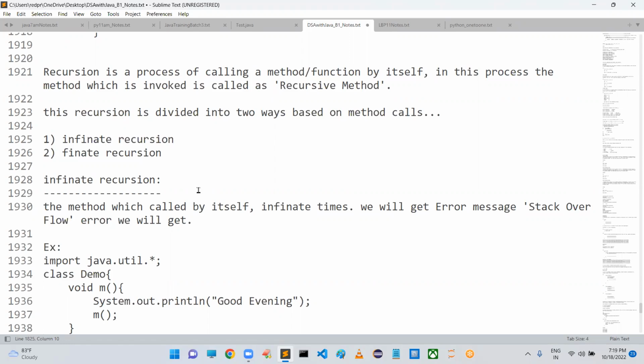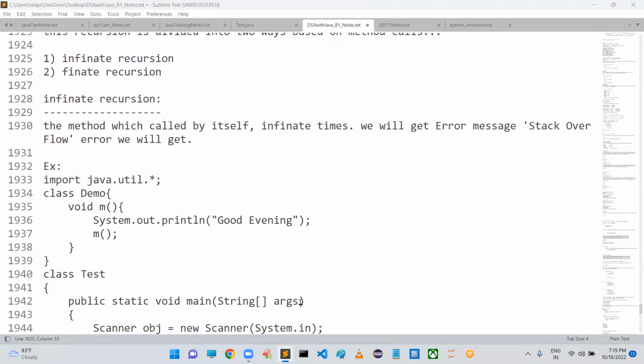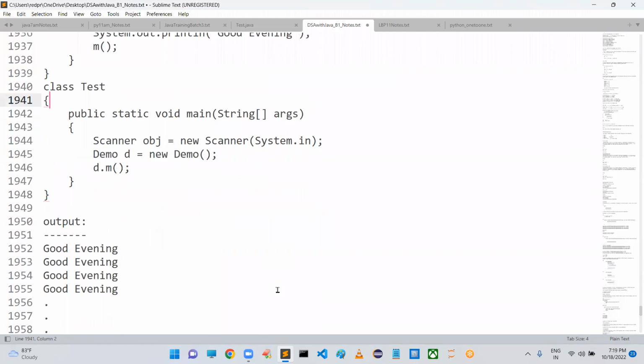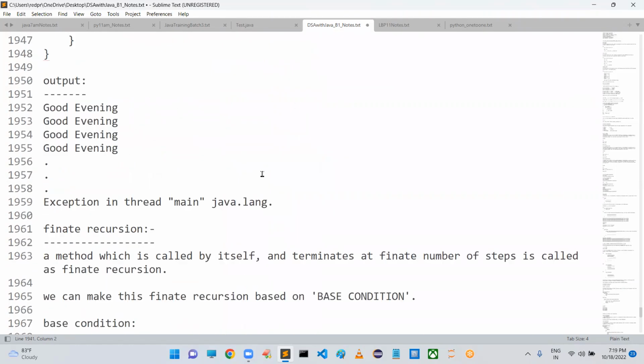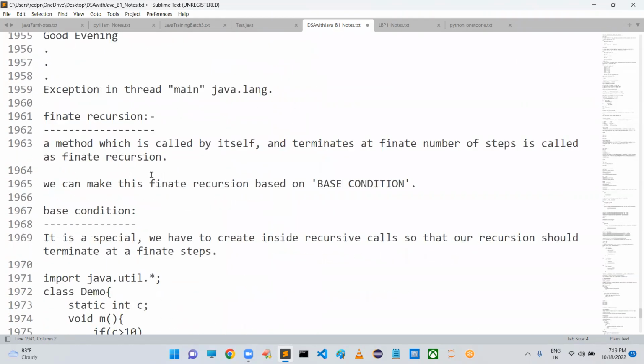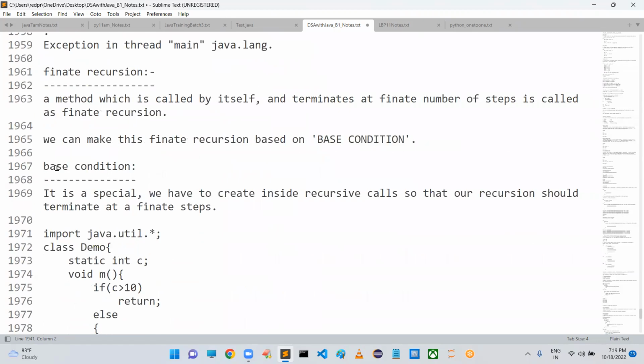How to prepare infinite recursion programs and finite recursion programs, we have seen very clearly in the last videos. For finite recursion, the important tool is the base condition. Based on this base condition only, we can make that particular recursion stop.